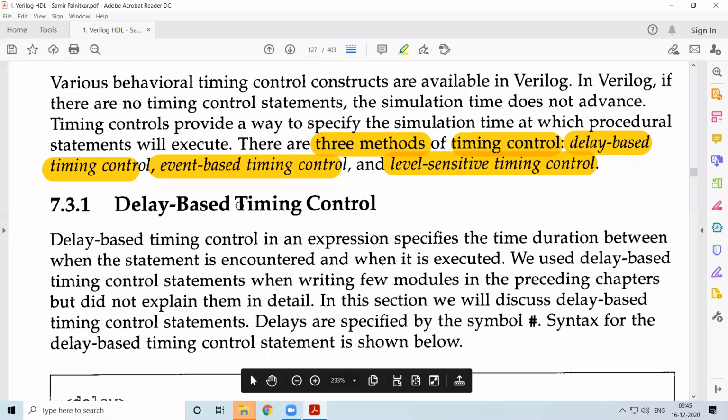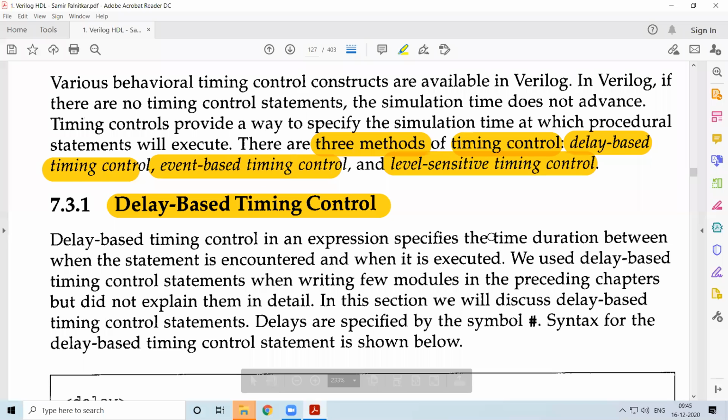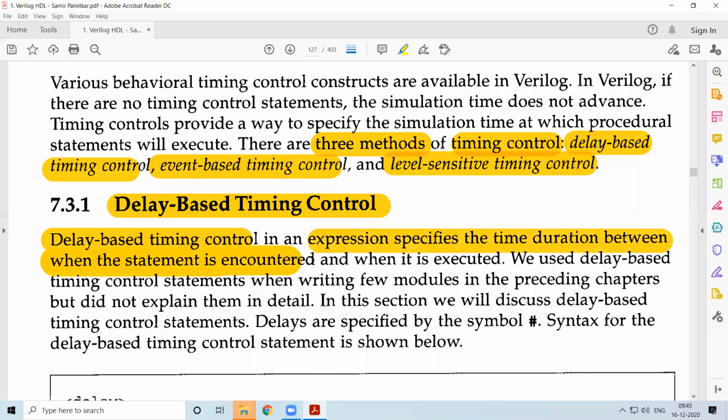First one, delay-based timing control. Here, an expression specifies the time duration between when the statement is encountered and when it is executed. So when you encounter a statement and when the execution should happen is provided in this delay specification. We had already used these things.